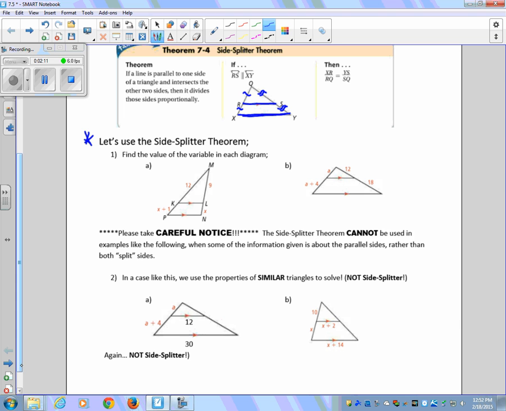Find the value of the variable in each diagram. When we had problems like this before and we knew the numbers for all of them, remember we talked about this as similar triangles. This triangle is similar to this triangle, and that is still true.